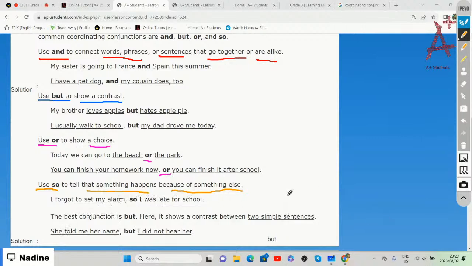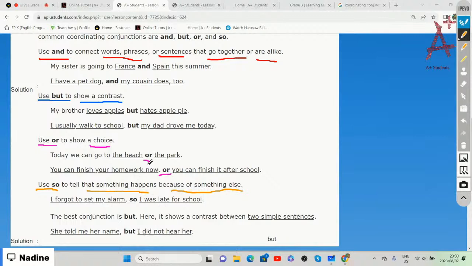These are, like I said, the most common words, the coordinating conjunctions, and they either join words, phrases, or simple sentences.